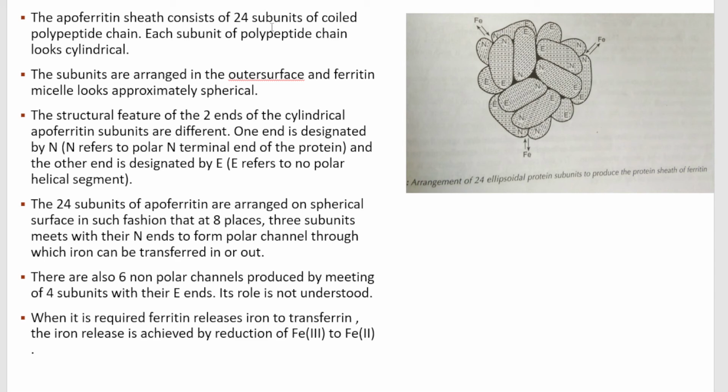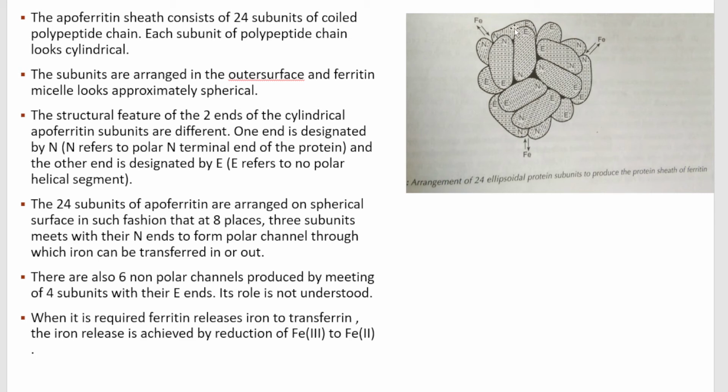So this sheath consists of 24 subunits of coiled polypeptide chains. These are the coiled polypeptide chains. So such 24 subunits are present, each a polypeptide chain, and it looks cylindrical in structure.